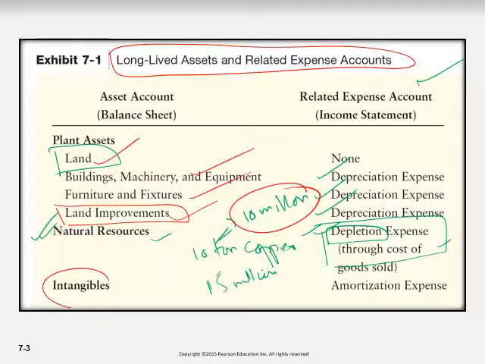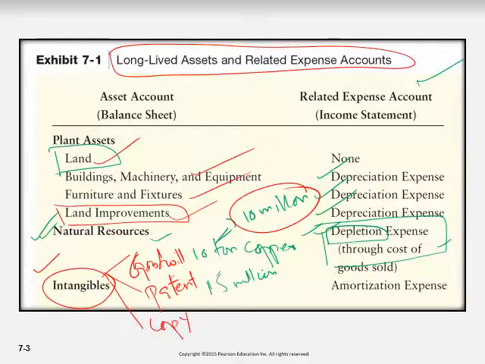And then there is the third category, which is intangibles. We call an intangible a long-lived asset which we cannot touch, right? Like goodwill, sorry about my writing. And then we have patents, whose life is more than 1 year, and copyrights.